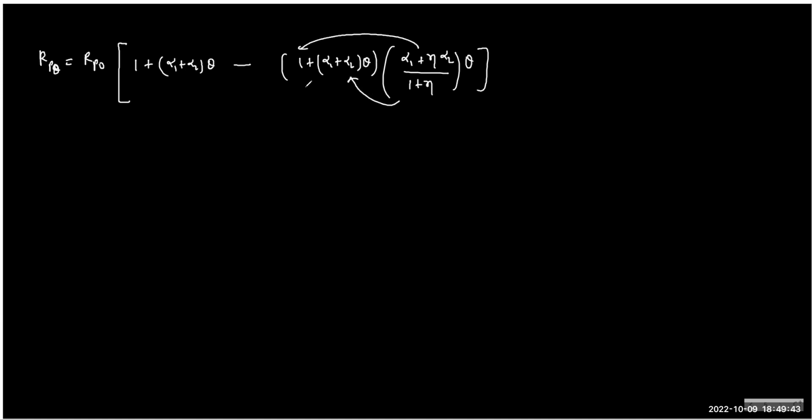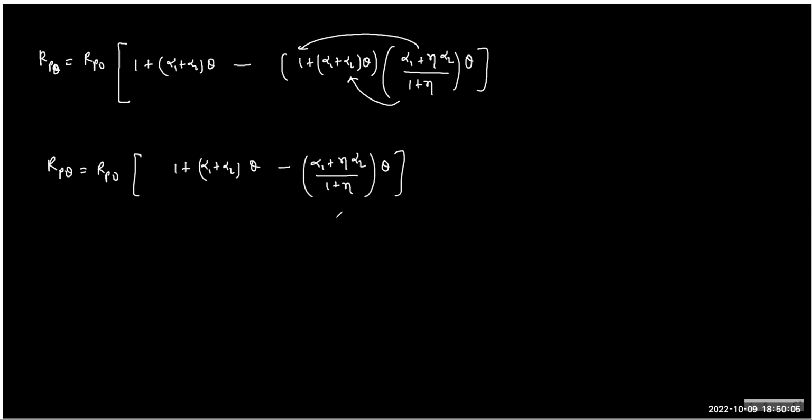Now I'll only go with the first number, because the second will give me a multiplication of alpha which I can ignore at the very first go. So I'll write like this. The second term I'm not writing because that will be 0.